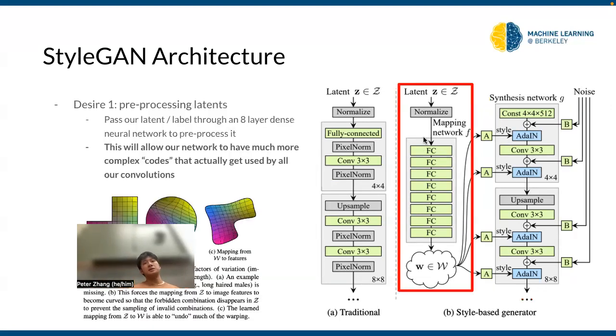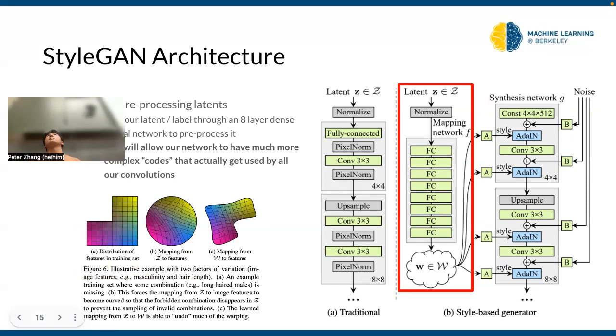So let's look at this first piece. We first stated that we wanted to have pre-processed latents. And so what we're going to do is introduce more complexity and let our latents capture more interesting information with this MLP, which essentially is designed to encode and capture different information from our latent space.